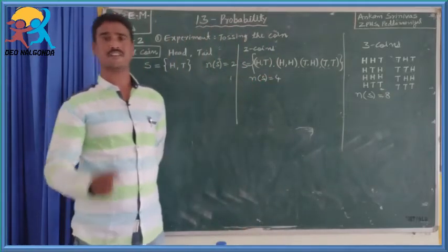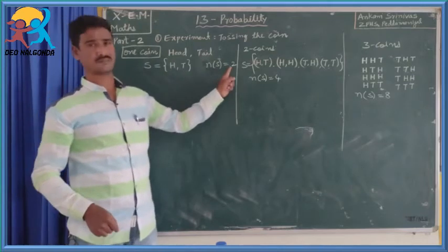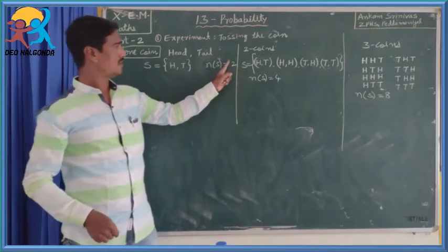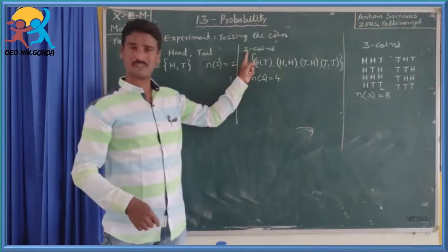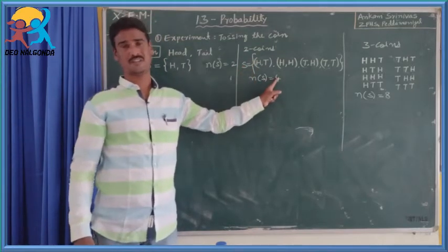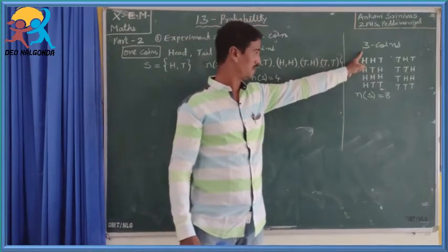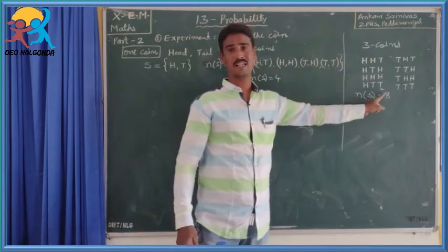Dear children, when you toss a coin, the number of total outcomes is 2. When we toss 2 coins, the number of total outcomes is 4. When you toss 3 coins at a time, the number of total outcomes is 8.